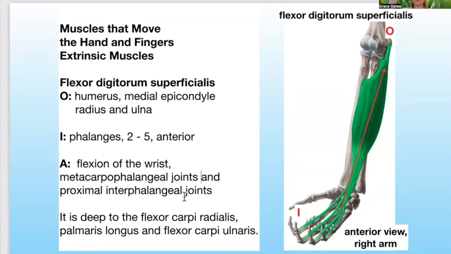These are the joints between those little bones, the phalanges. The flexor digitorum superficialis is deep to the flexor carpi radialis, palmaris longus, and flexor carpi ulnaris that we learned in the last section about muscles that act on the wrist joint.